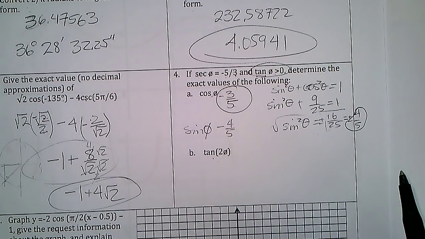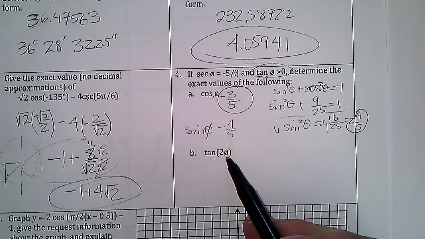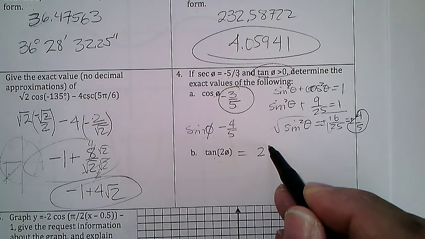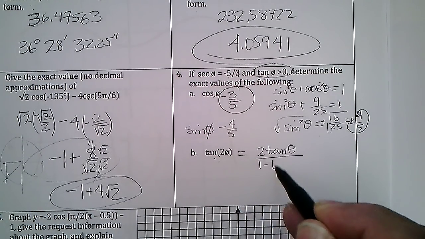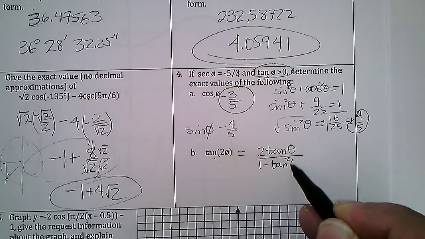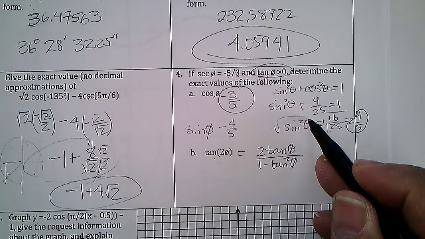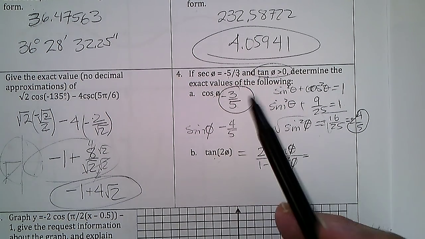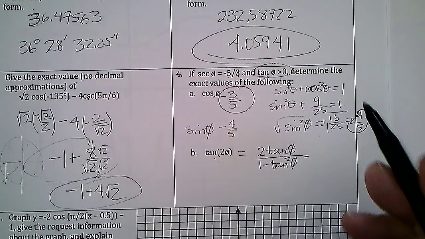And now the formula for tangent of 2 phi, you could do sine of 2 phi over cosine of 2 phi, but the formula says 2 tangent phi over 1 minus tangent squared phi. I should make that phi. So this is going to be 2 times the tangent. Let's see, that'd be sine over cosine. The negatives would cancel. 4/3.